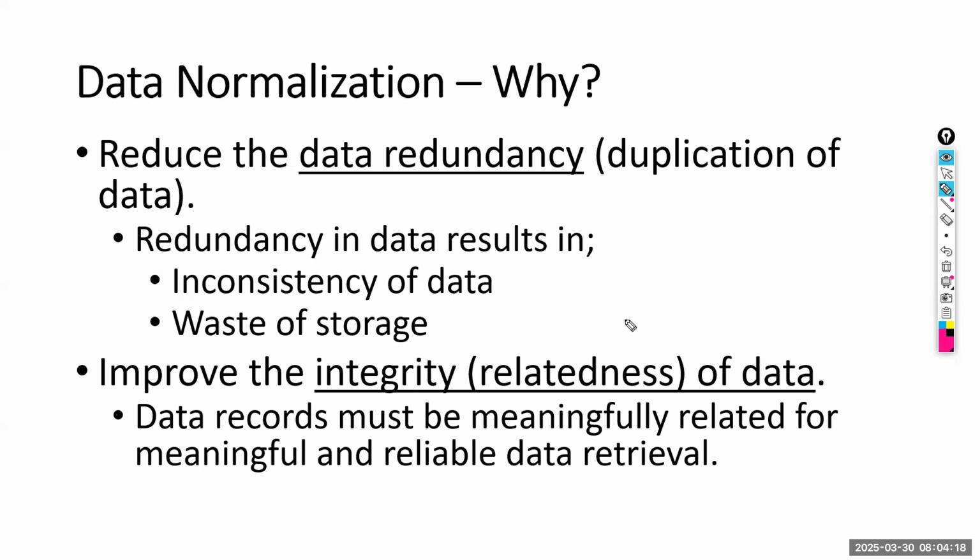Right? Like your name. The government keeps your name in multiple places. The ID card department keeps your name. Driving license, they keep your name. The education department keeps your name. Sometimes there's inconsistency in your names. But if they all refer to one place as your name, there's no such issue. Storage wise, they don't have issues.